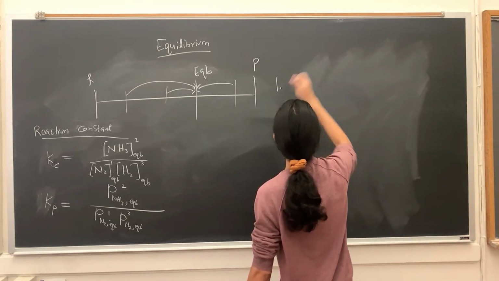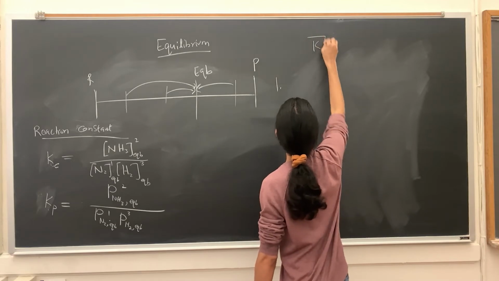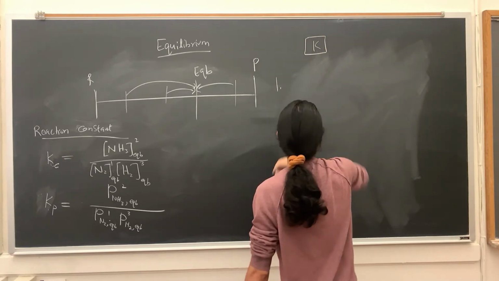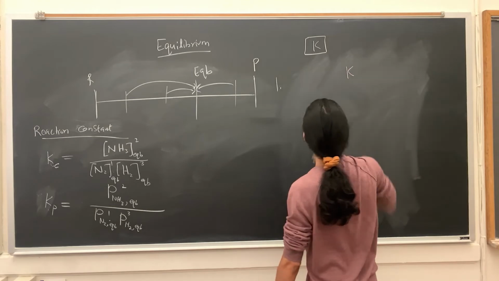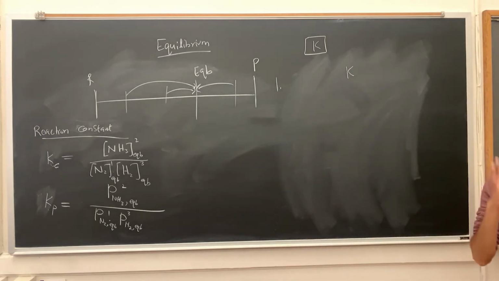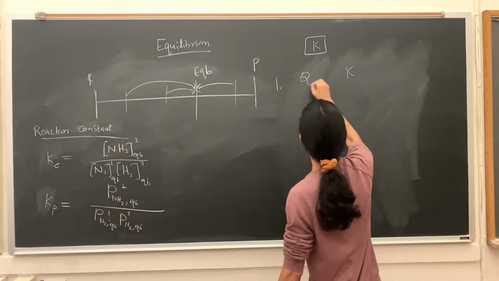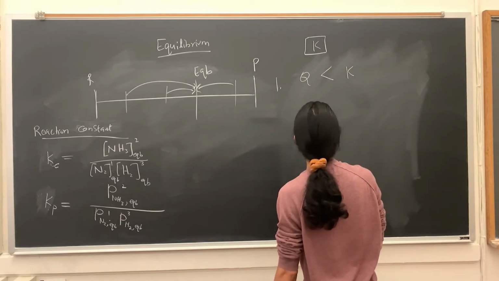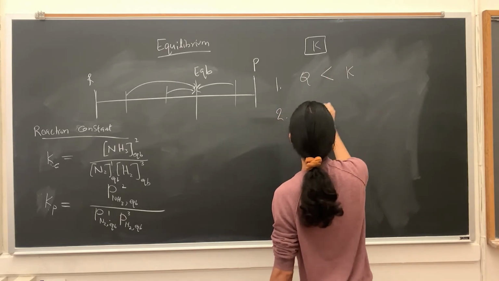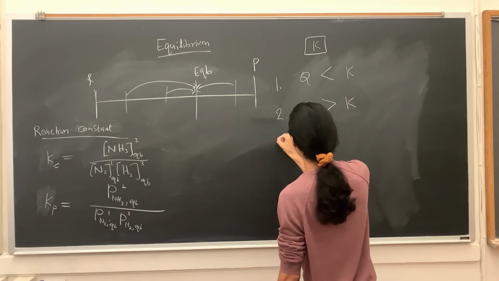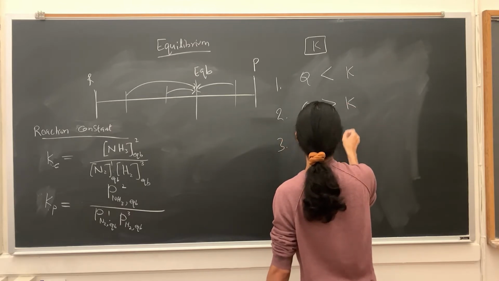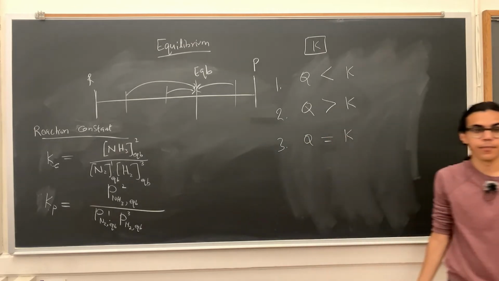Suppose you have a chemical system and you know that the equilibrium constant for the chemical system is K. You take your chemical system and you calculate its Q value so that your chemical system is not at equilibrium yet, right? So when you calculate Q, it doesn't match K. So two things can happen. Your Q value can come to be less than K, or your Q value can come to be more than K. And obviously, if you are at equilibrium, then Q is the same as K.